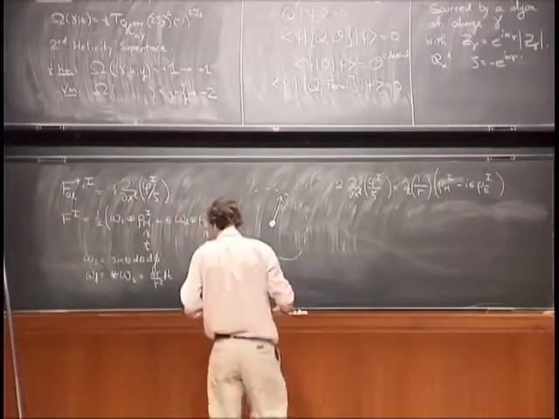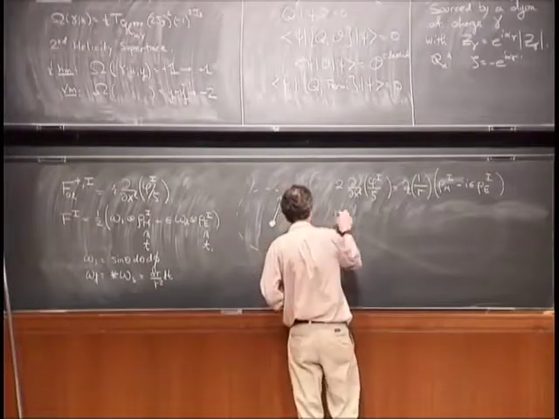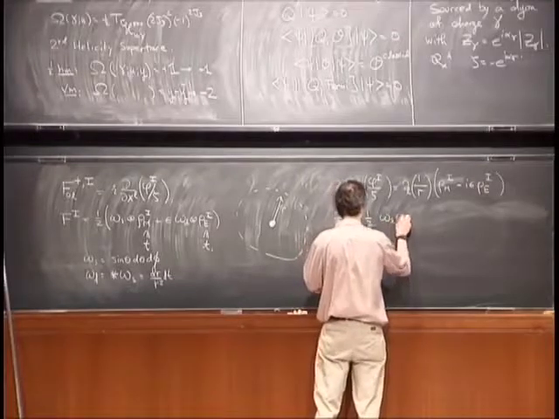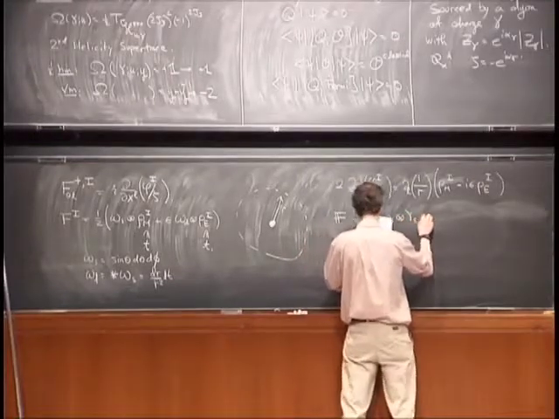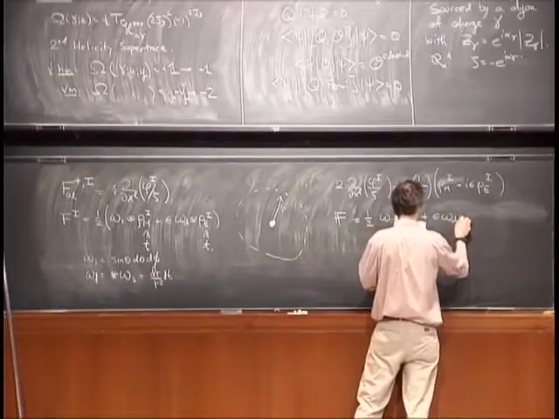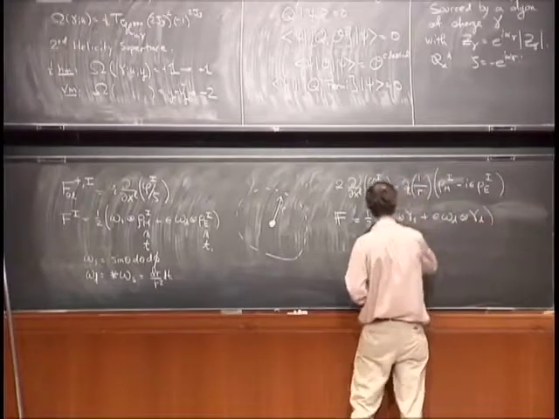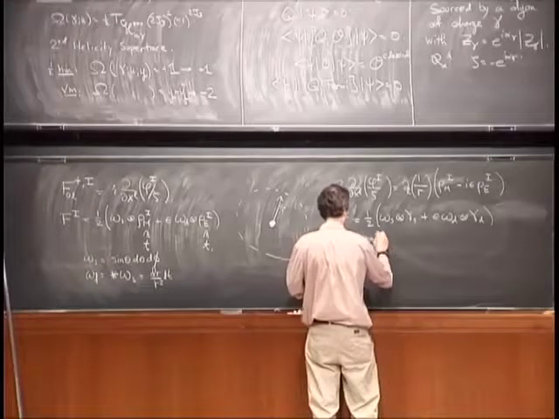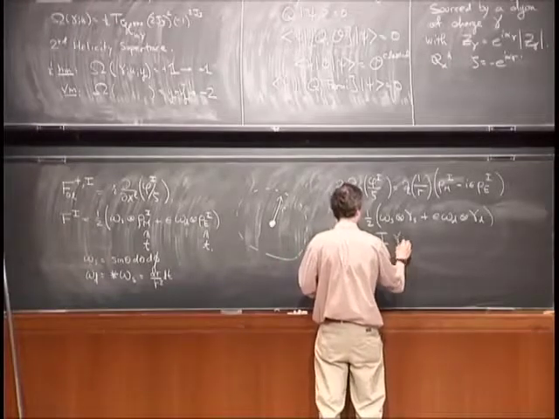Okay? So the duality invariant field strength, F, is 1/2 omega s tensor gamma s plus epsilon omega d tensor gamma d, where gamma d is that complex structure I applied to gamma s.